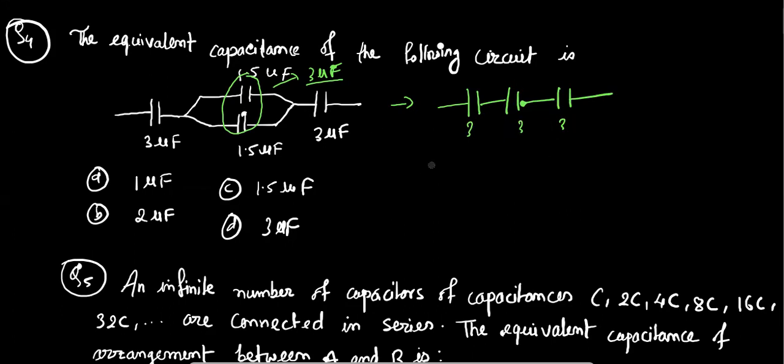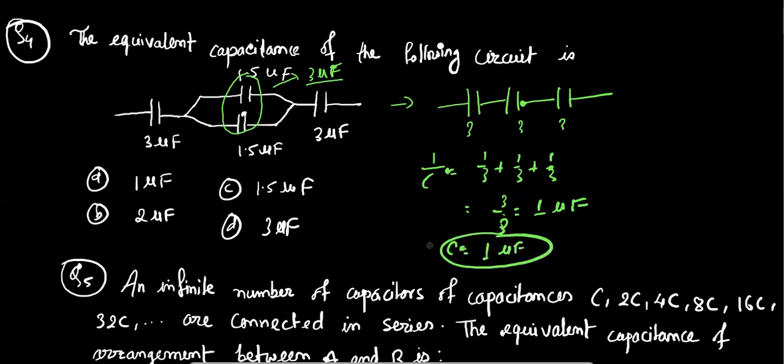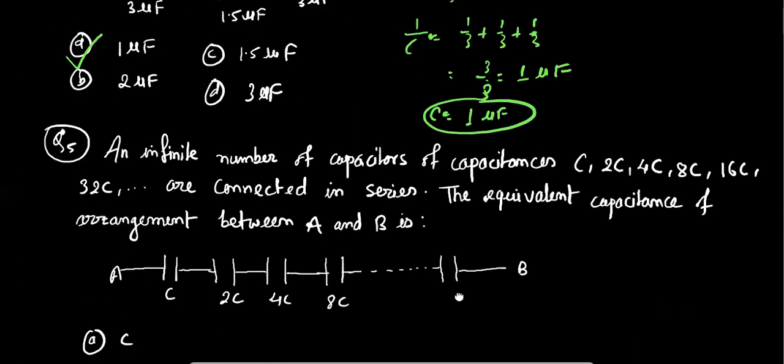So the equivalent capacitance will be 1 by C equals 1 by 3 plus 1 by 3 plus 1 by 3, which is 3 by 3, that is 1, so C will be equal to 1 microfarad. So option A is again the correct option.